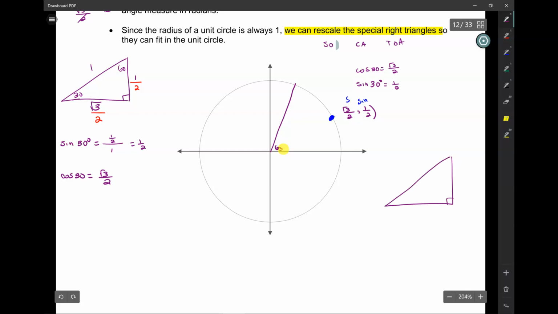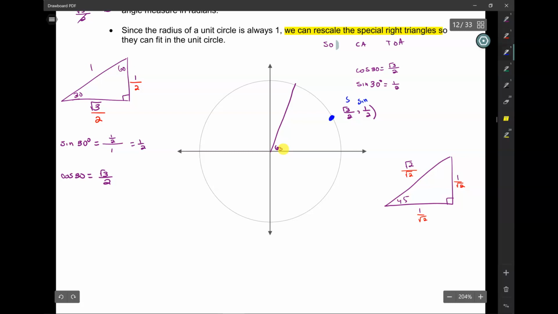The 45, 45, 90 has sides 1, 1, root 2. Root 2 is like 1.4, so I still have to scale it down. So I divide by root 2, divide by root 2, divide by root 2.